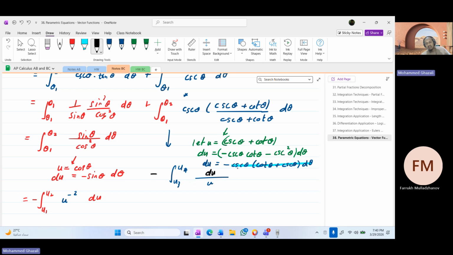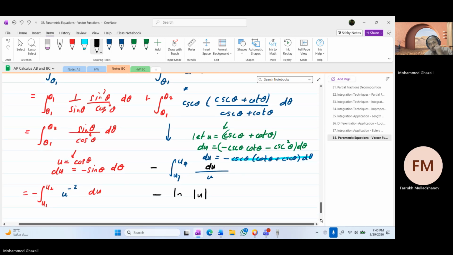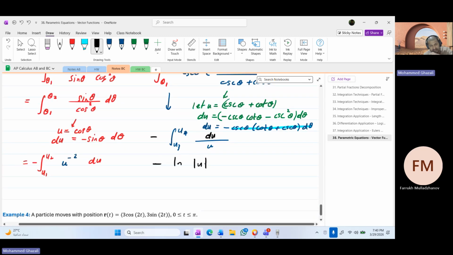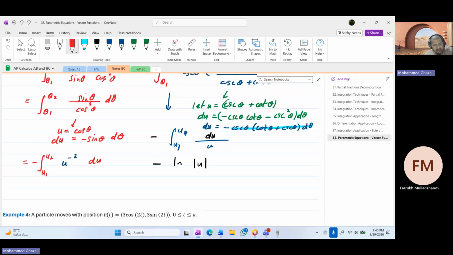That's negative du over u. So this part ends up being negative ln u, and no plus c. And this part here ends up being u to the power negative 1 over negative 1. And remember, there's a negative outside there, and that's u1, u2, minus negative ln u, u3, u4.